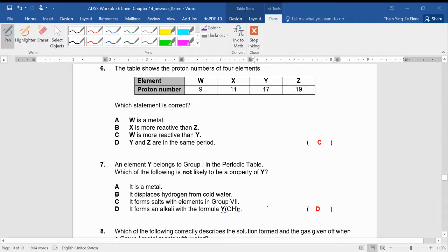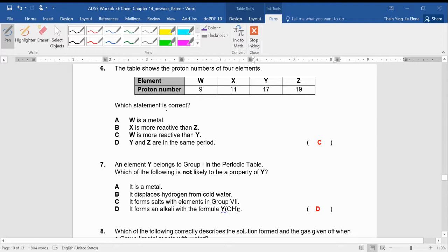Question 6. Table shows proton numbers of 4 elements. Which statement is correct? So this one, I think you will need to look at your periodic table. Which is correct? W is a metal. I don't think W is a metal.